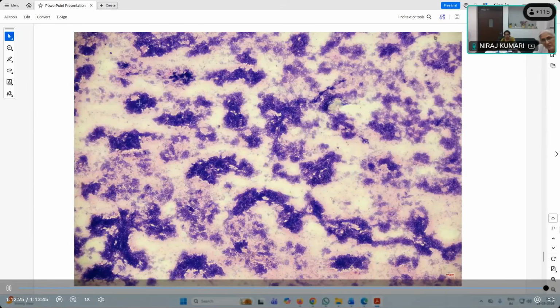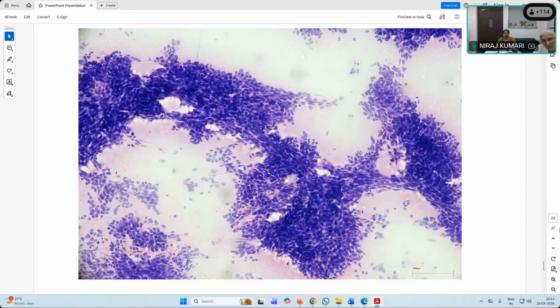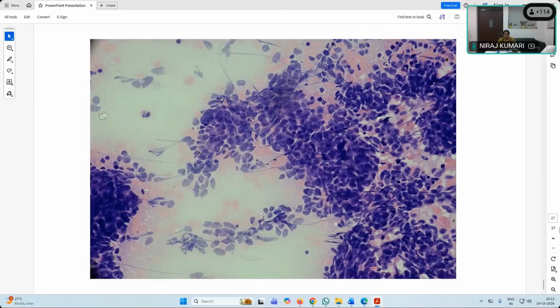As in the first slide, there is very little dispersion. Even these small clusters are loosely or tightly cohesive, but we don't see many single cells in the background. Lymphoma will be a diffuse population, generally single cells spread in the background, with more dispersion. Here you see cohesive structures. So lymphoma should not be a differential diagnosis here.